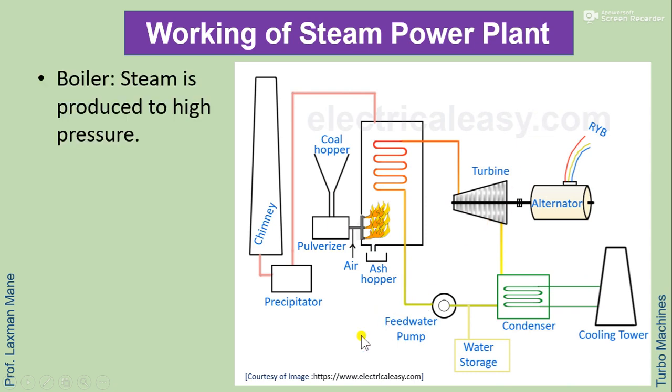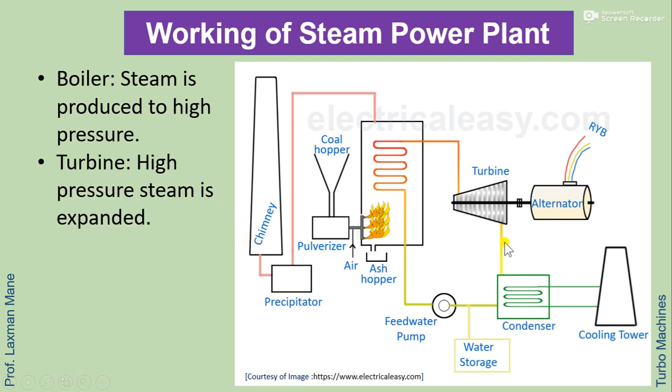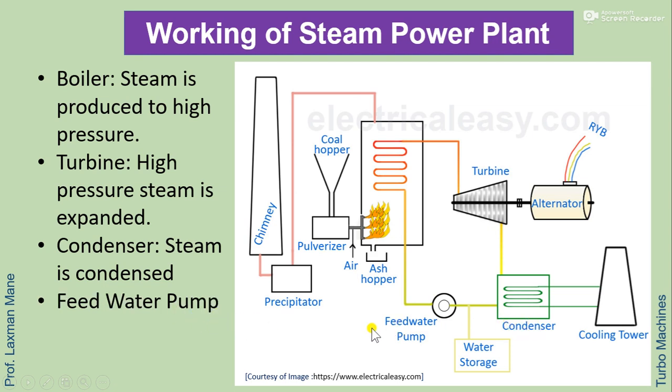It consists of a boiler where steam is produced at high pressure, a turbine in which high pressure steam is expanded, a condenser in which steam is condensed, a feed water pump used to feed the water to the boiler, a cooling tower used to cool the circulating water of condenser, and an alternator or generator used to produce the electrical energy.